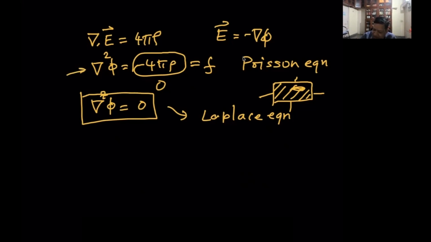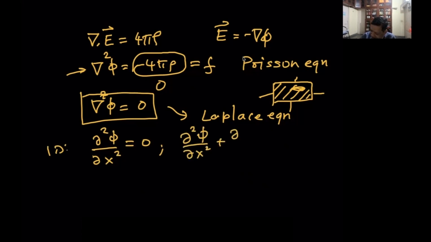Now, this Laplacian, I'm sure you have come across. In 1D, the equation is that. In 2D, the second derivative with x plus the second derivative with y is 0.